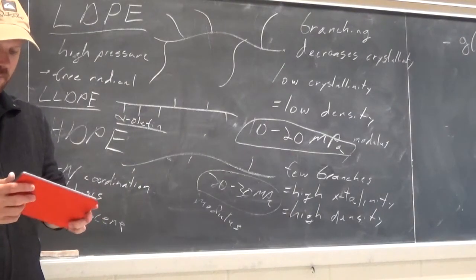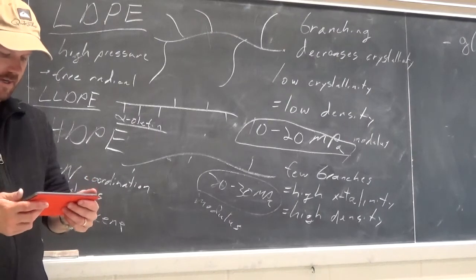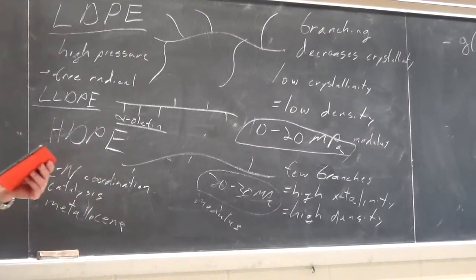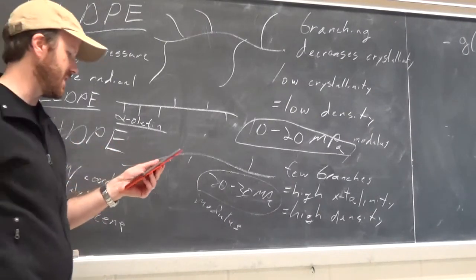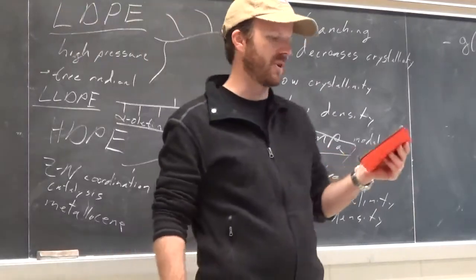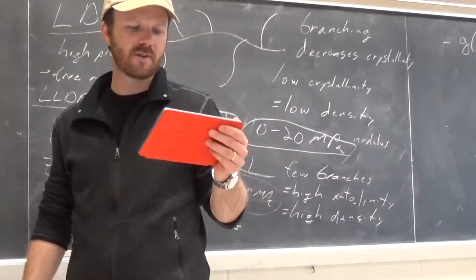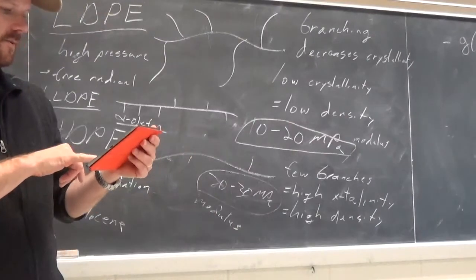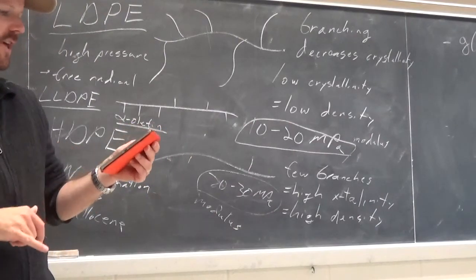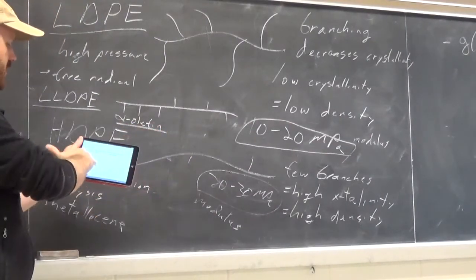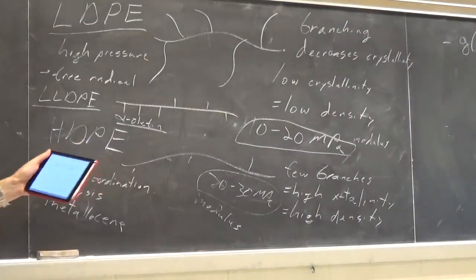If we go back to slide 7 in note set 4, linear low density has a density of about 0.92 grams per centimeter cubed. That puts us generally on the lower part of this, near 10 megapascals or something like that.